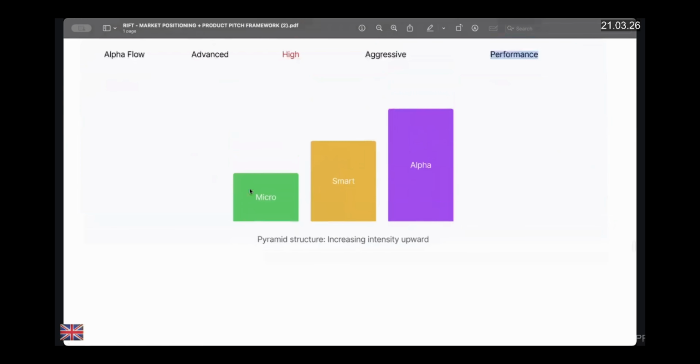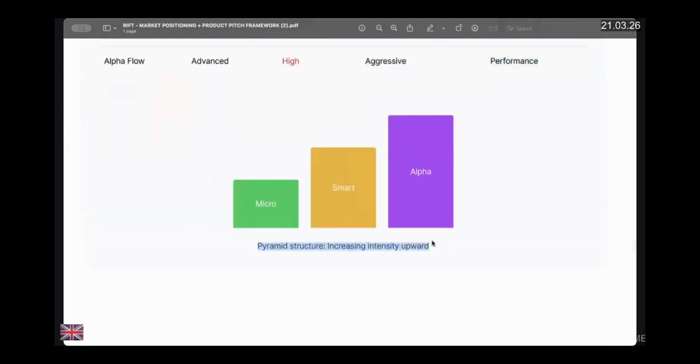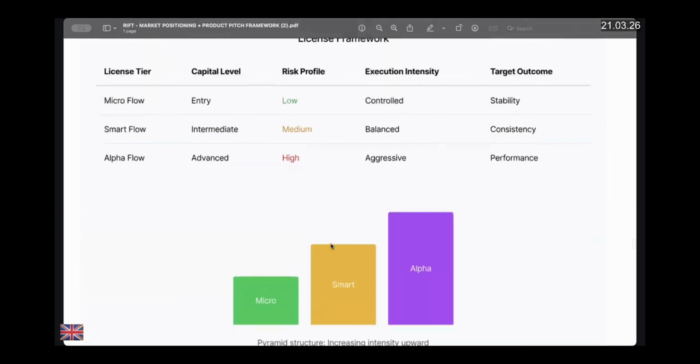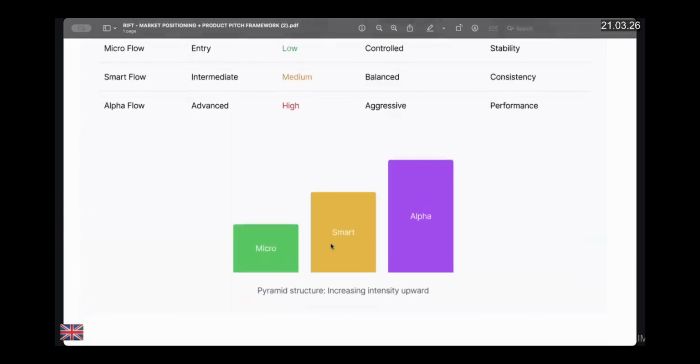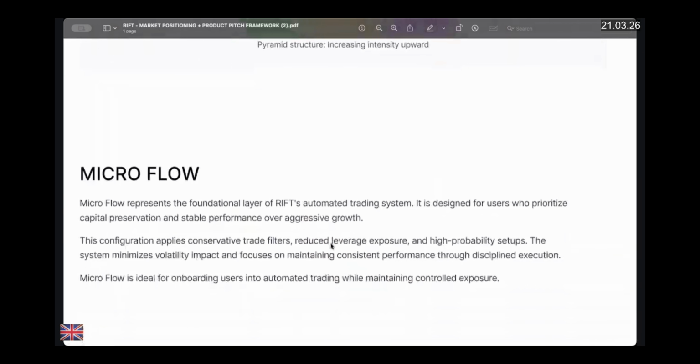So this is the difference between the three strategies on which the automated trading engine works.